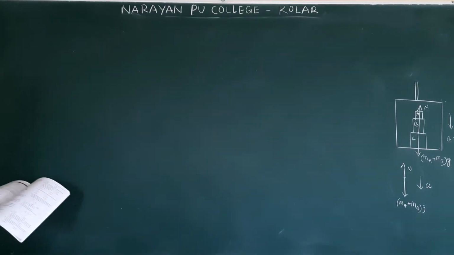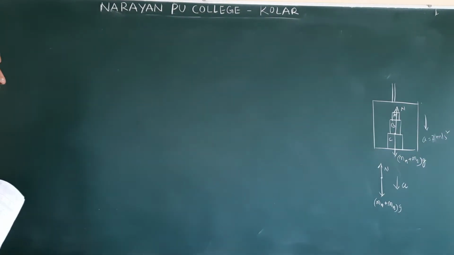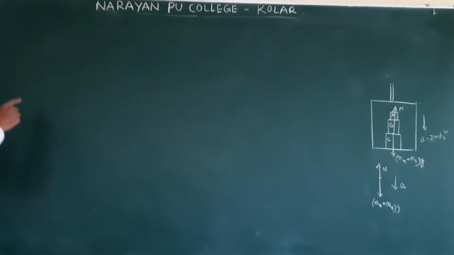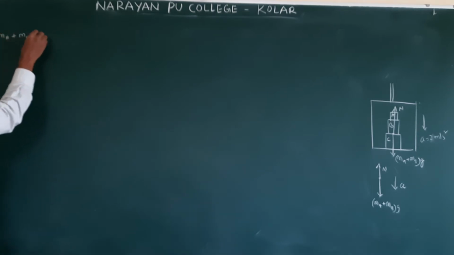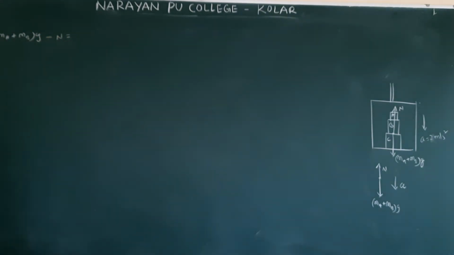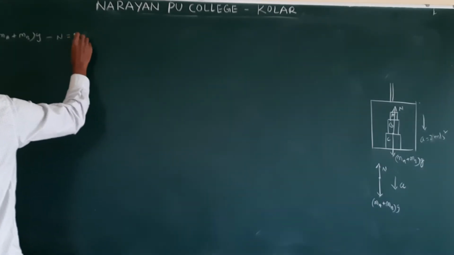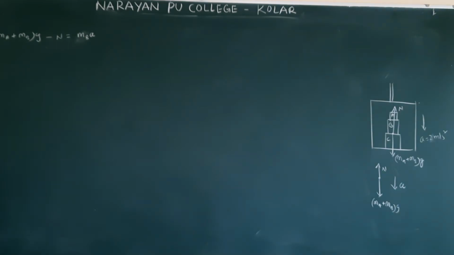Contact force they are asking, N. Now, which is dominating? Ma plus Mb into g minus N is equal to, we are talking about B, so it is 2a. Or we can write Mb a. Clear?